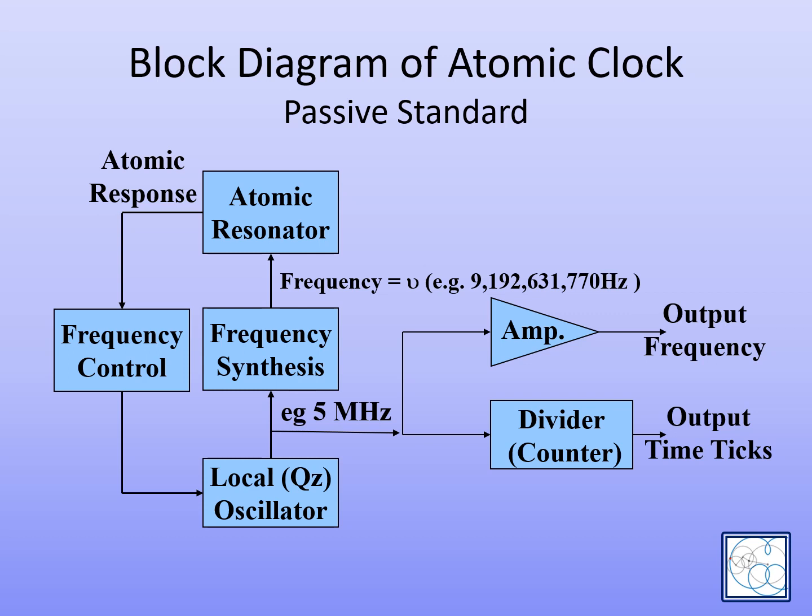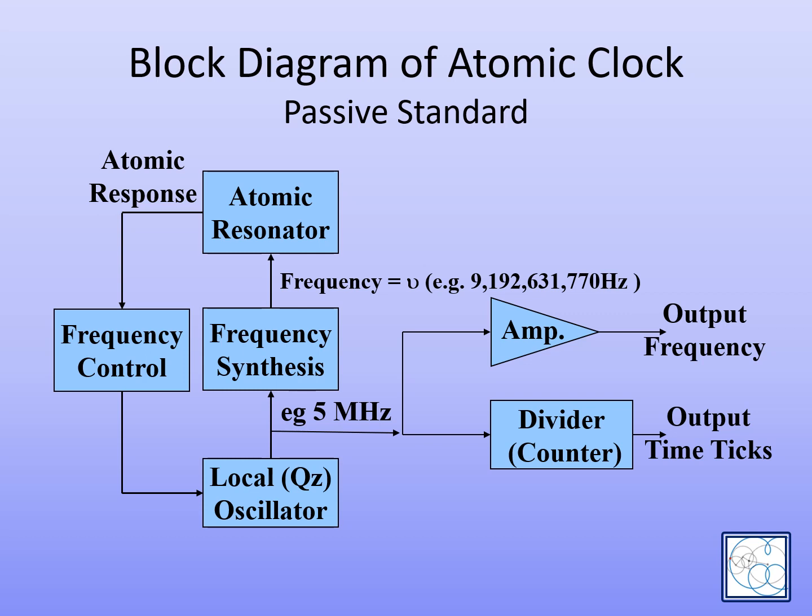Here's a block diagram of an atomic clock as a passive standard. There's a local oscillator, typically a quartz oscillator. The quartz oscillator has a natural resonant frequency. It's a mechanical oscillator, and there's a mechanical natural resonance for that frequency.